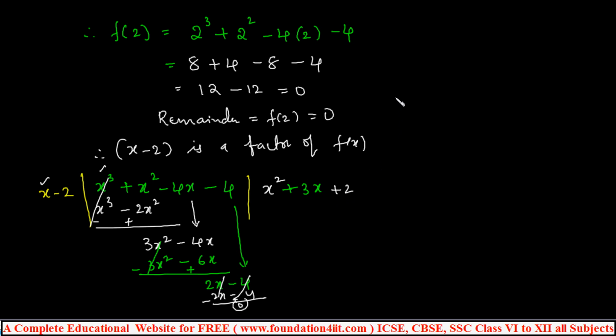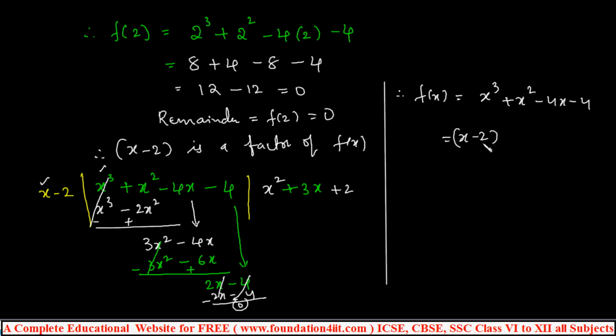So therefore, we can write it like this. f of x, whatever the polynomial is given, x cube plus x square minus 4x minus 4, is exactly equal to x minus 2 into the quotient, x square plus 3x plus 2.